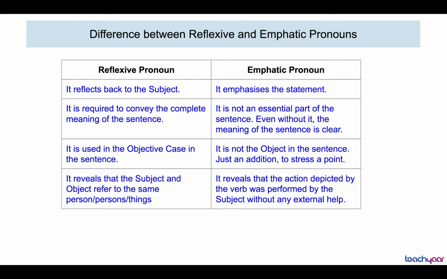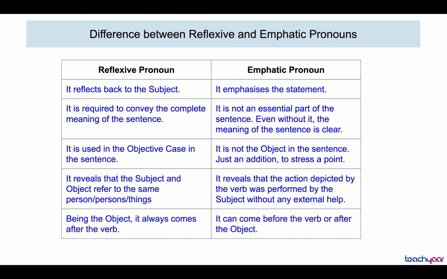In the case of emphatic pronoun, there is no reflection. So what does it reveal? It reveals that the action depicted by the verb was performed by the subject without any external help. This is what it is emphasizing, that the work that was done by the subject has been done by the subject himself or herself.